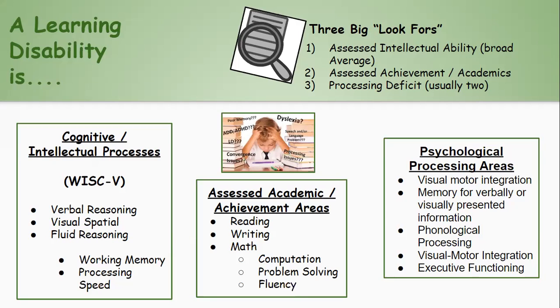The working memory and processing speed are like helper skills and abilities that allow us to work to our potential with efficiency and effectiveness. So what an examiner will do when they're administering the WISC is look for the best measure of overall intelligence for a student.